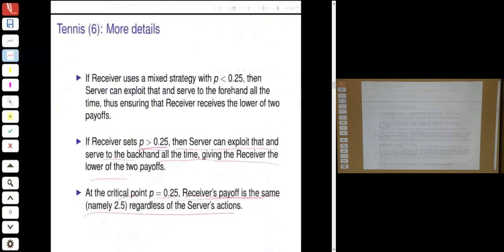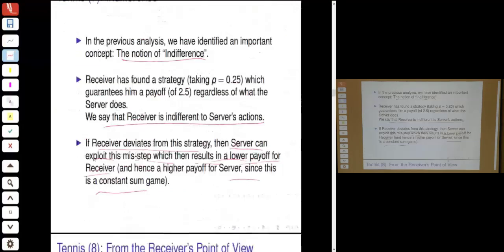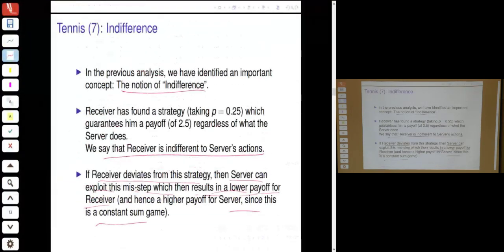It's not zero sum, but still, because the sum of the payoffs is always constant, if the receiver's payoff goes down, the server's payoff will go up. Okay. So in summary, by choosing p equal to 0.25, the receiver is indifferent to the server's actions. If the receiver deviates from this strategy, the server can adjust his strategy accordingly, which will result in a lower payoff for the receiver. Okay.